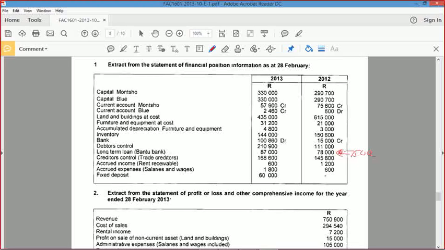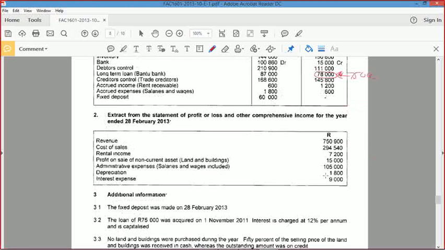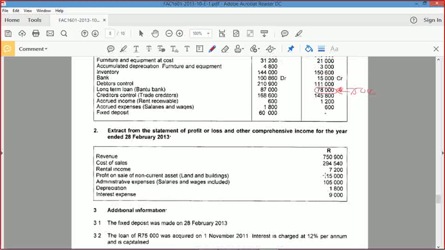Now take 78,000 times the percent, 12%. What is 78 times 12%? 9,360. So what do we have here as interest?